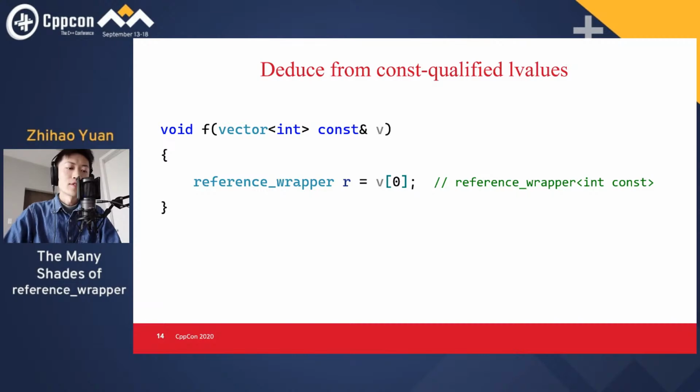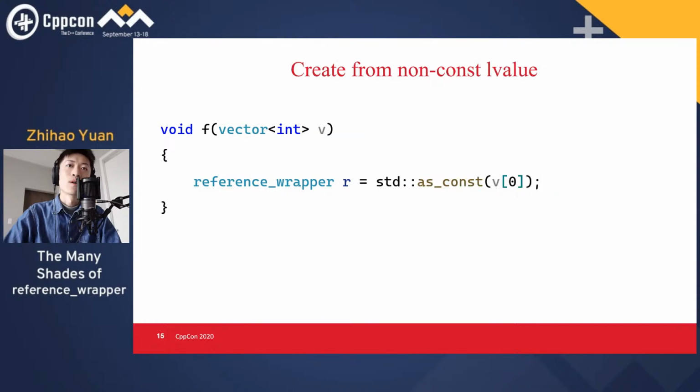Now, if the expression to initialize reference_wrapper is not a const value, what if it is non-const? Well, we can turn it into a const one by using std::as_const. This utility is introduced in C++17.